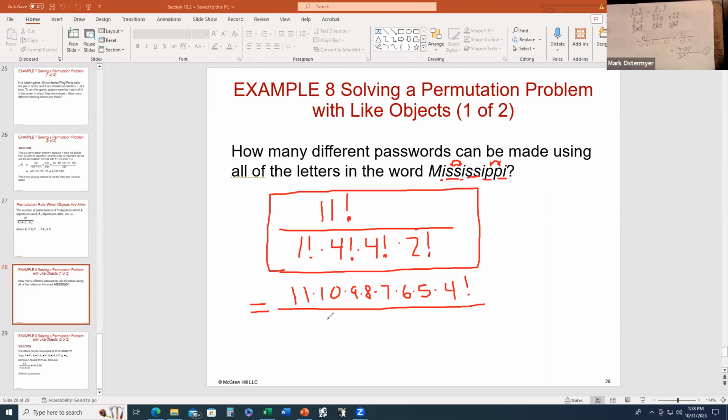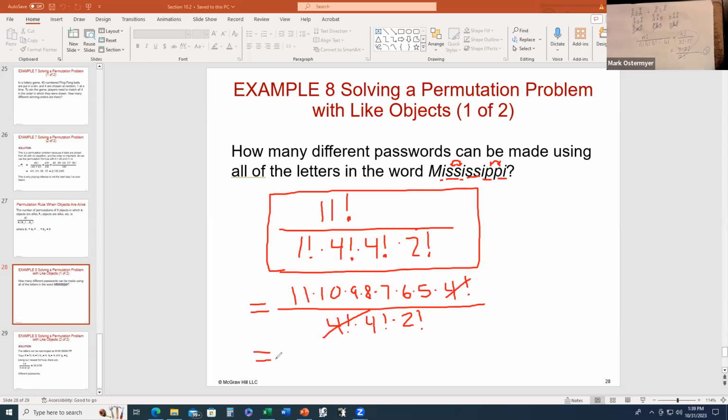And this sits over what? Forget the 1 factorial. 1 factorial is just 1. This sits over 4 factorial times 4 factorial times 2 factorial, correct? What happens with the 4 factorials? We can get rid of them, can't we? Those are gone.